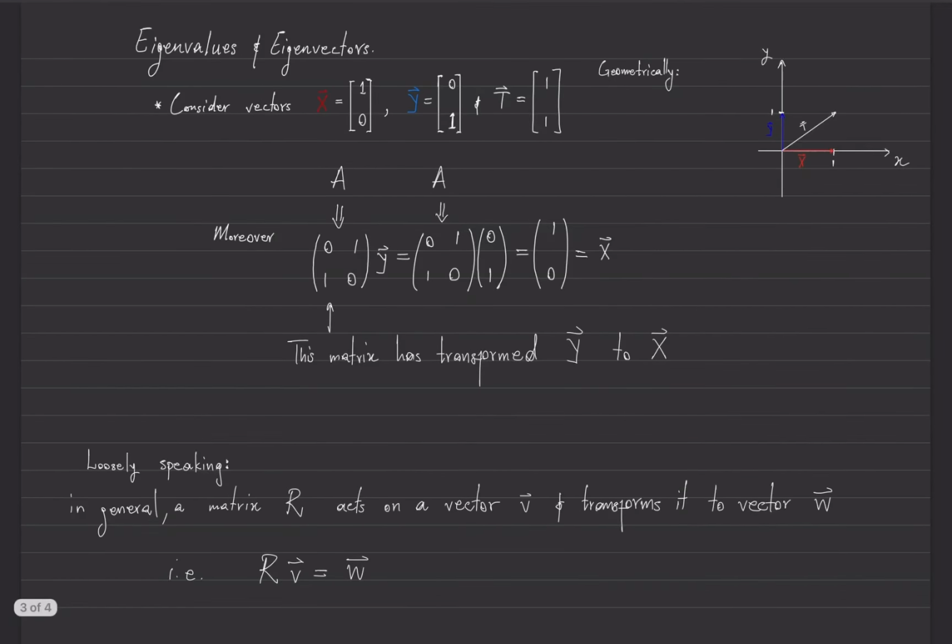In general, we expect that anytime you multiply a matrix with a column vector, the outcome is some other vector W, different from what we began with, different from V. But when the outcome vector is the same as what we started off with, or is a multiple of what we started off with, that is a very special situation. Okay? From here on, we will therefore consider the eigenvalues and vectors, and in particular how they show up in differential equations.